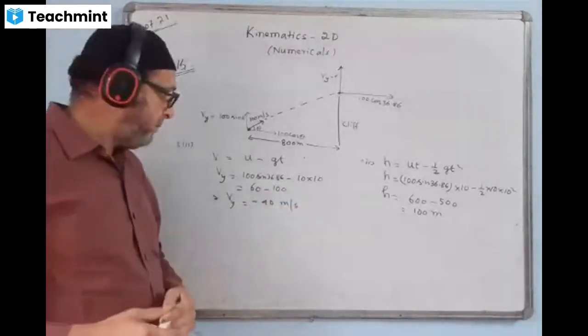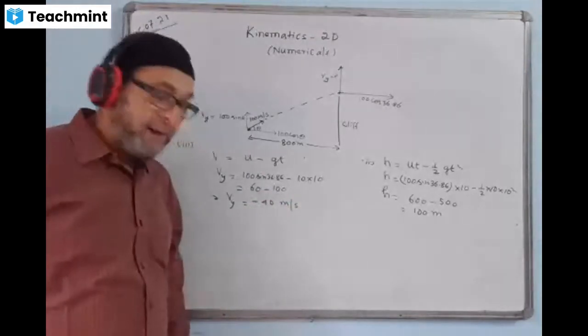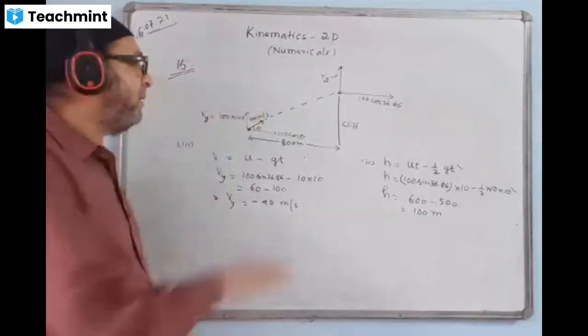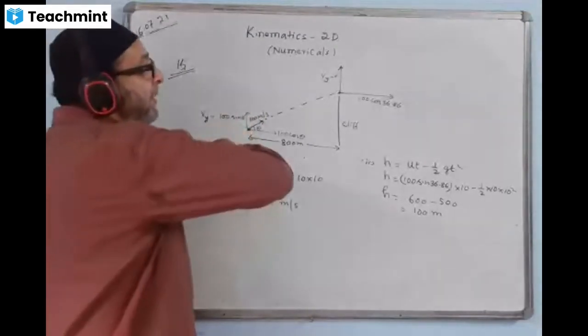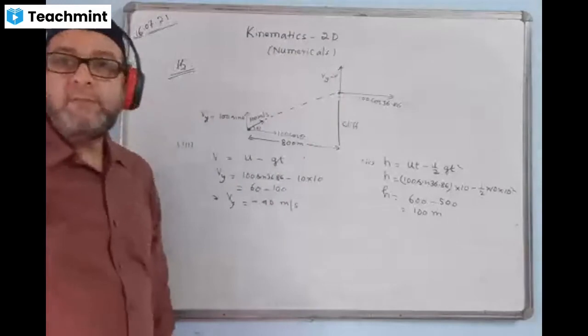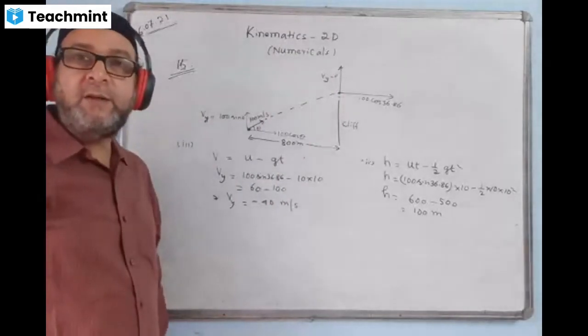Don't worry. Even the answer is coming with a minus sign. Minus sign tells you there's a reverse direction, opposite direction. That means the shell will be already going high and then while returning it is hitting the cliff.